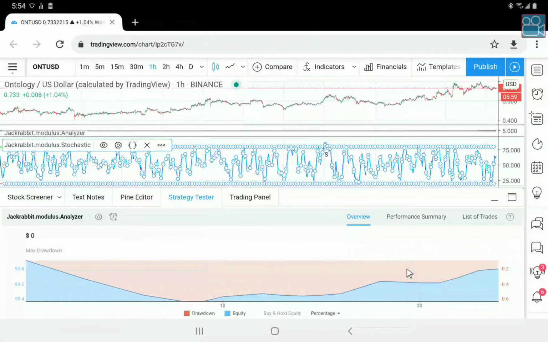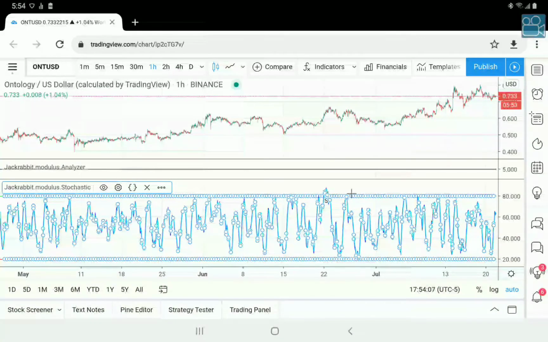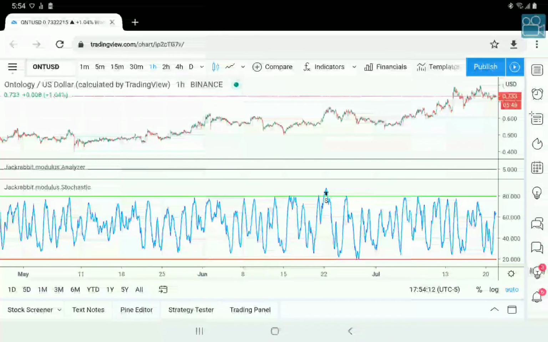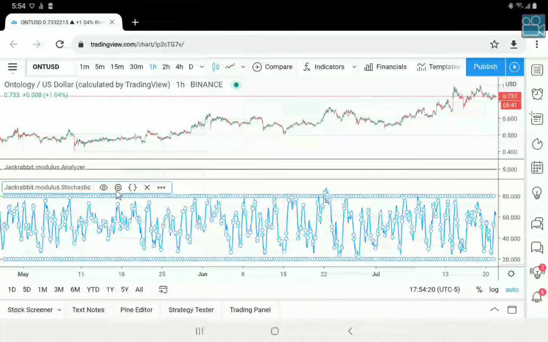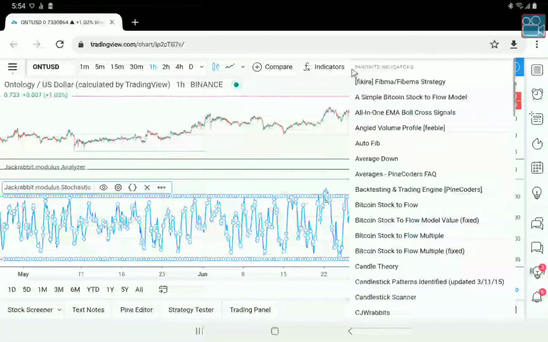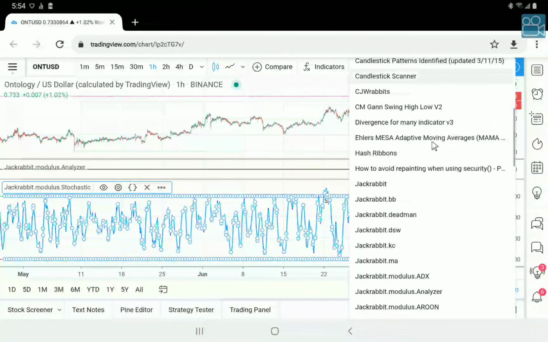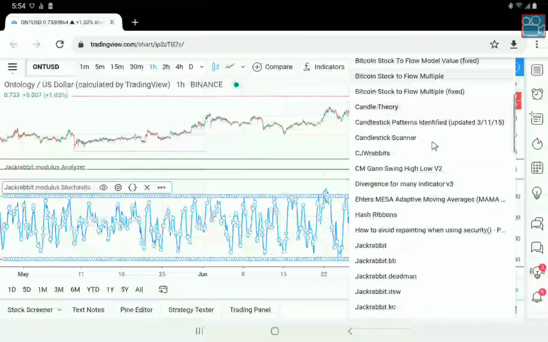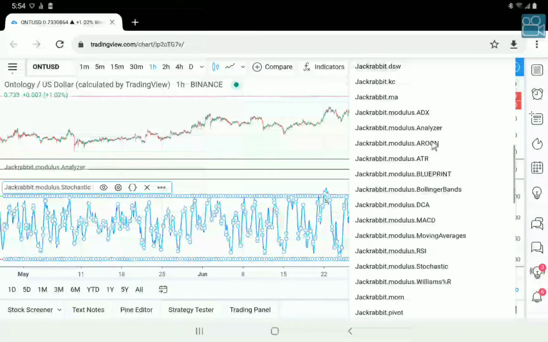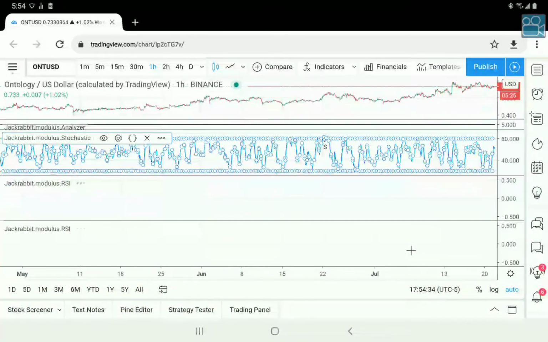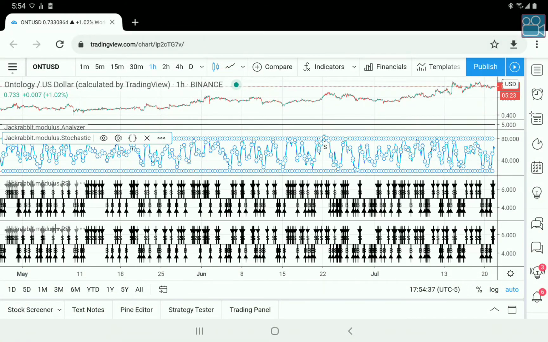Here we go. Let's shrink this for now. Okay, only one signal here, 80-20. And what gives with the RSI? All right, terrific. It loaded twice.